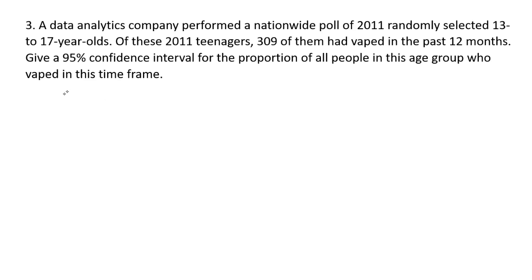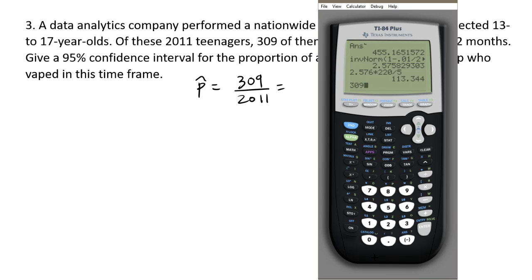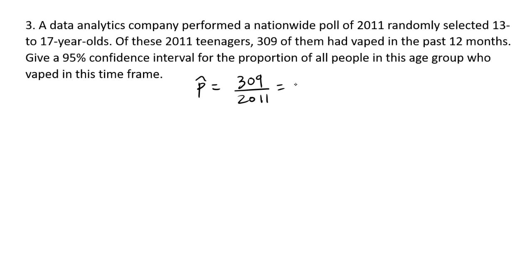Our sample proportion is 309 out of 2011 who had vaped. 309 divided by 2011 is 0.1536, but if you round it, it's 0.1537. So this will be 0.1537.